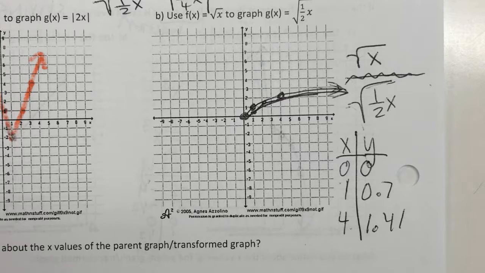And then all you have to do is press graph. That's your transform graph. And if you want to see it compared to the original, just type in both of them, and then absolute value of x. There's your original. All you have to do is copy it.